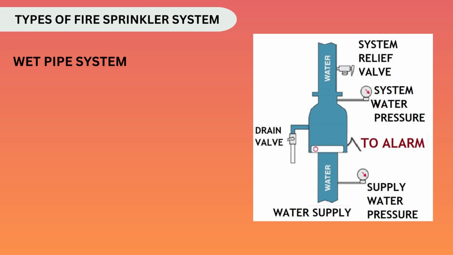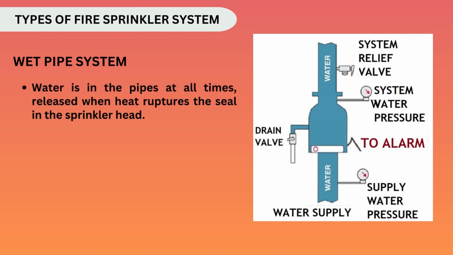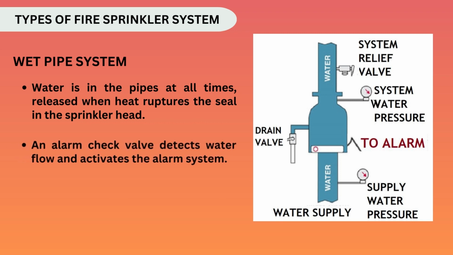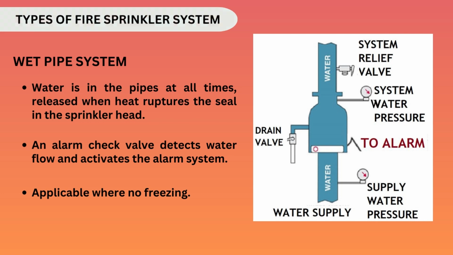Wet pipe systems are most common. Water is in the pipes at all times, released when heat ruptures the seal in the sprinkler head. An alarm check valve detects water flow and activates the alarm system. It is applicable where there is no freezing.